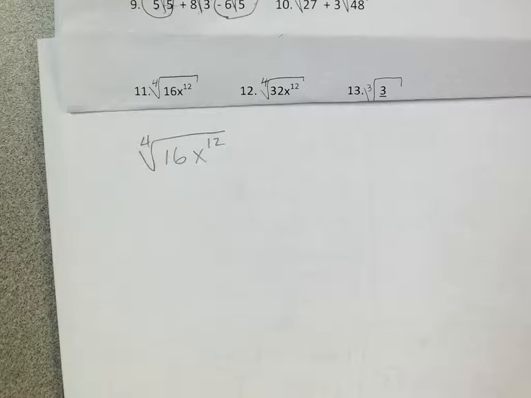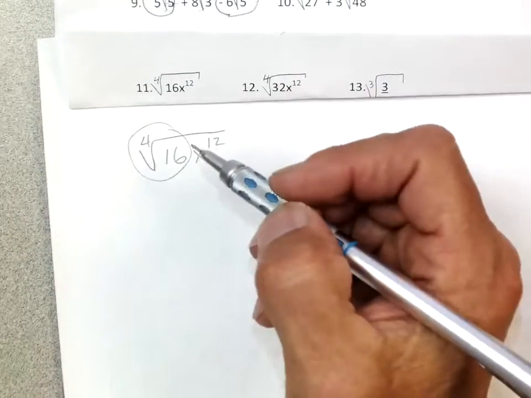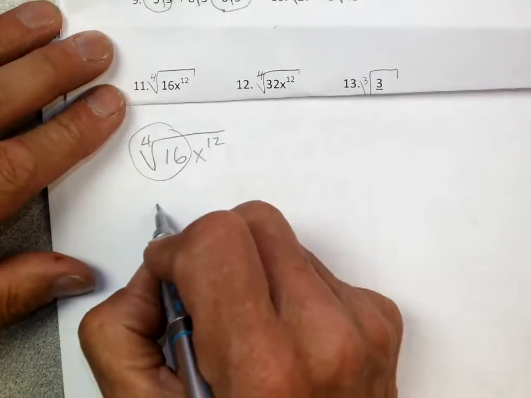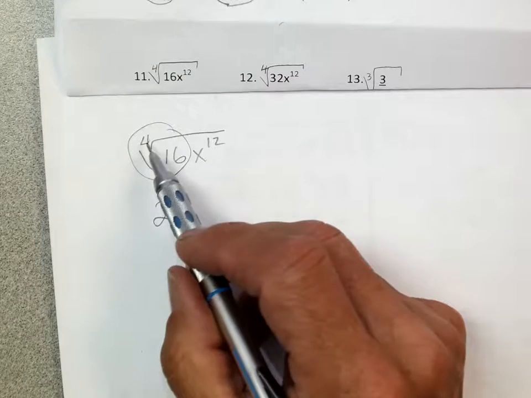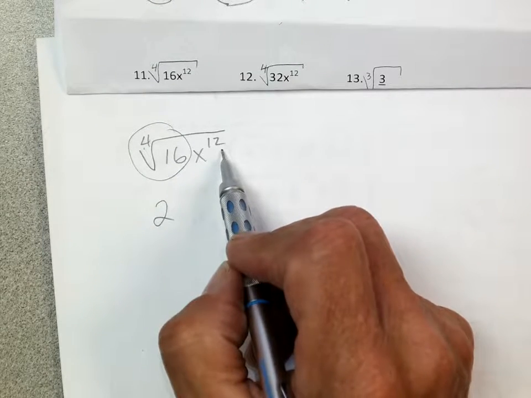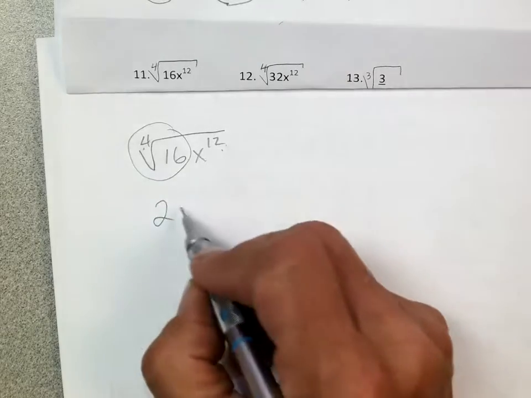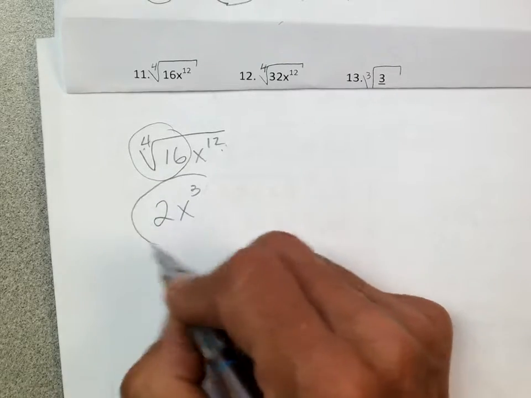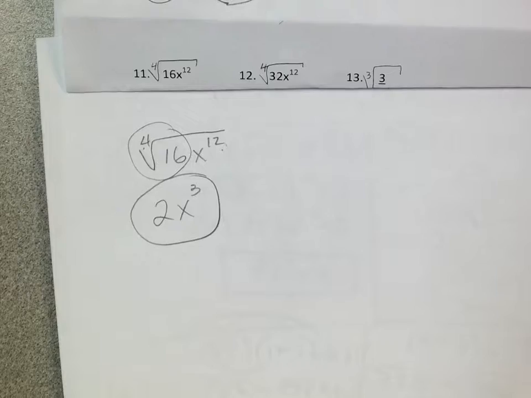Check it out. 2 times 2 is 4, times 2 is 8, times 2 is 16. So the 4th root of 16 is just plain old 2. Now, instead of taking half the exponent, we take a fourth of it, right? Take a fourth of that, and we get x to the 3rd. That's it.